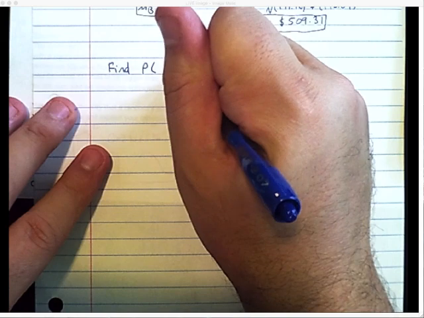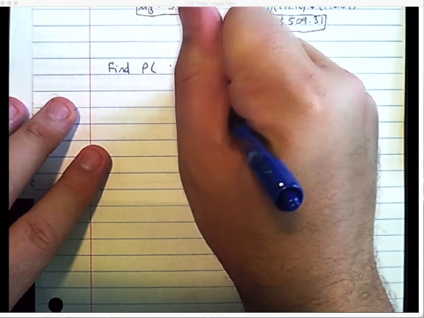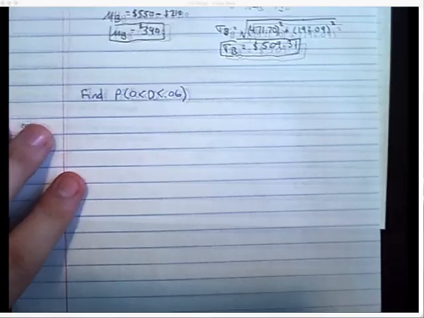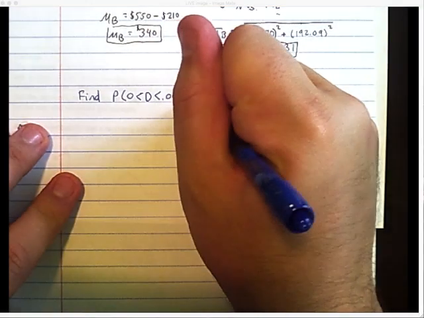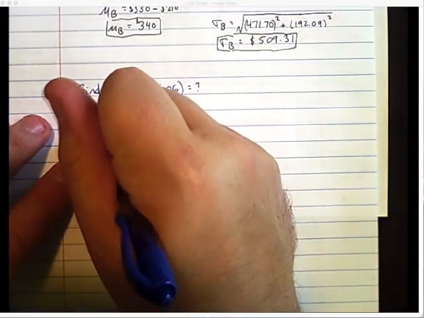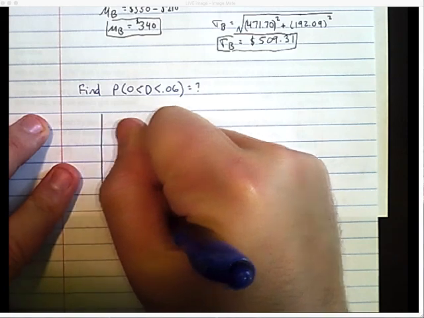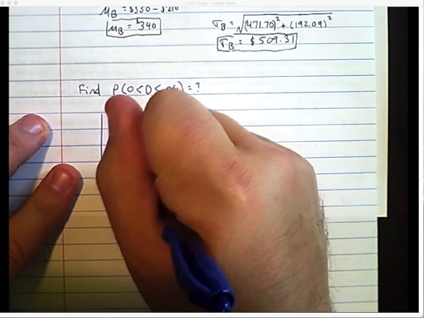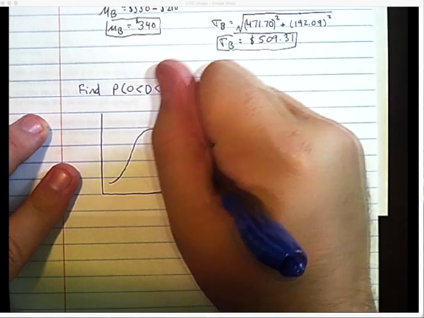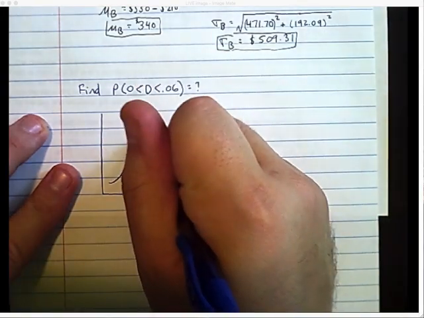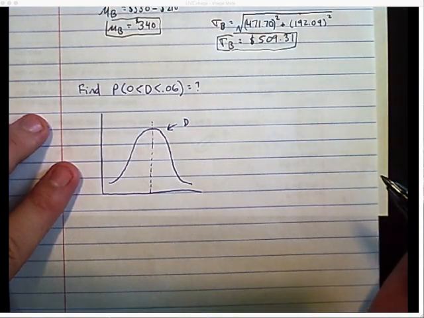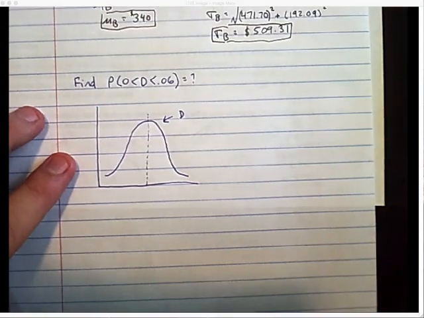I'm trying to find the probability that the difference is smaller than 0.06 but bigger than 0. That's what the question's asking for. To answer that question, if this is my difference curve, what's the probability that I get something between 0 and 0.06?